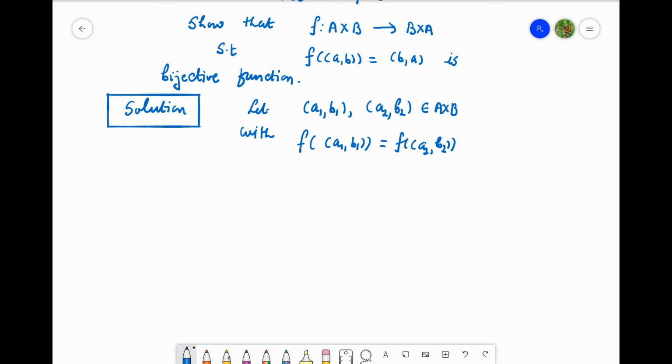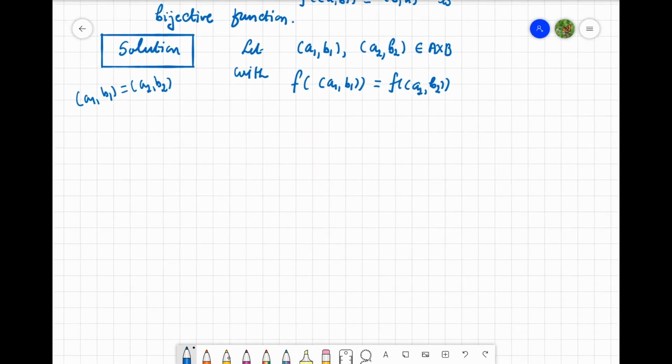So we have taken two distinct ordered pairs (a1, b1), (a2, b2), and we have taken f of (a1, b1) equal to f of (a2, b2). We will show that the ordered pairs are the same. We will show that (a1, b1) equals (a2, b2), then we can say that f is one-one.